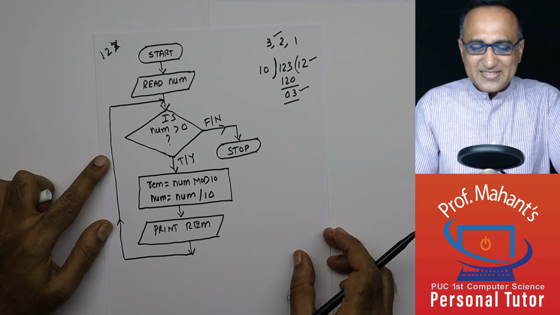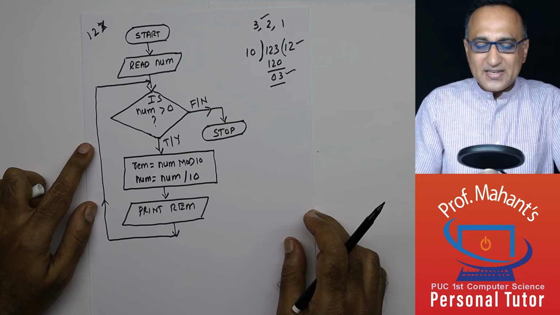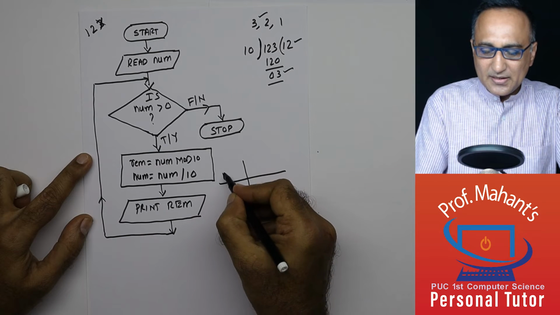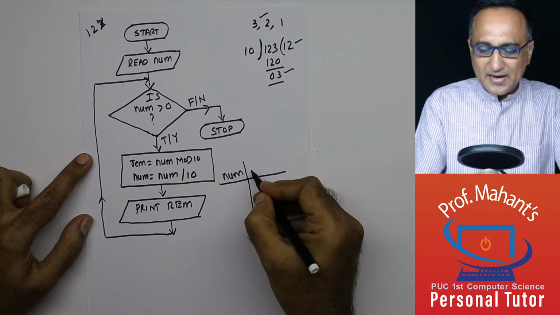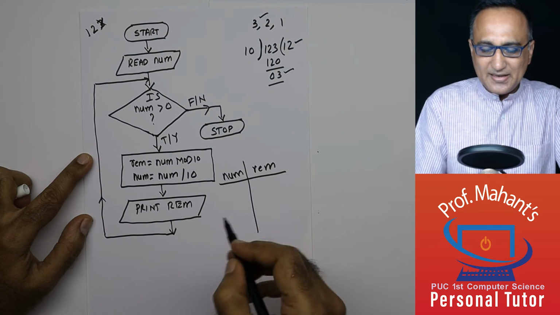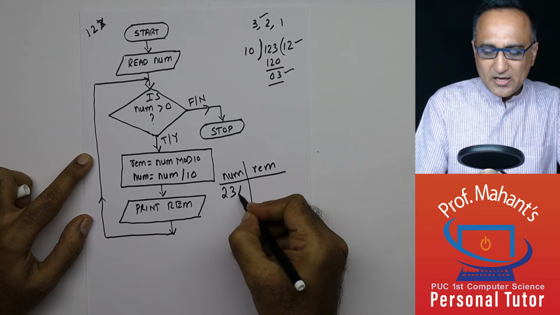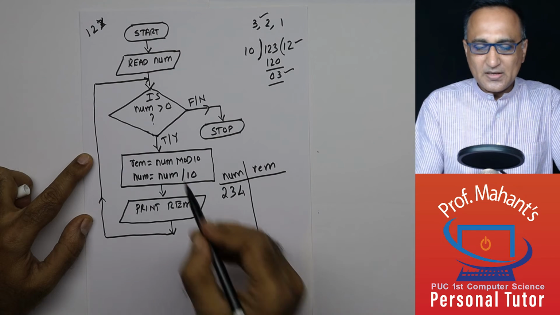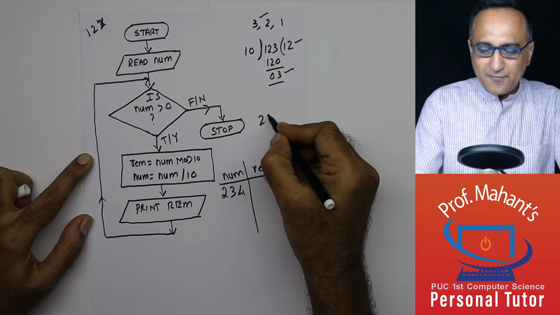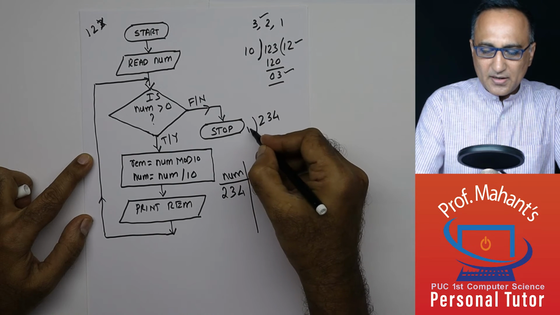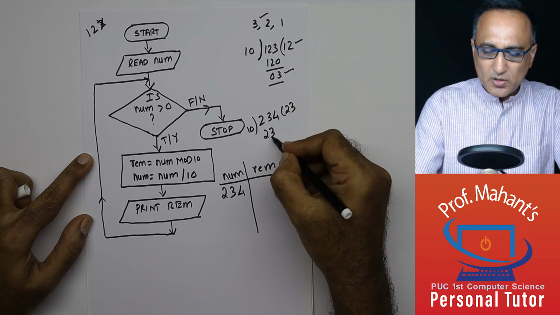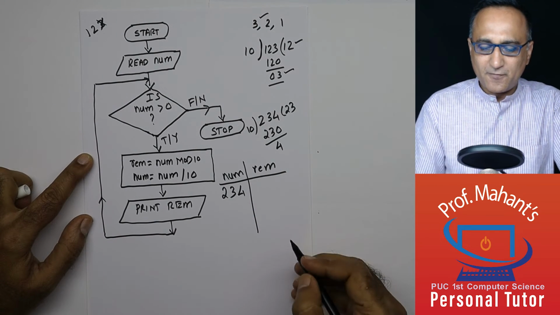Now let us see if this works and how it works by taking help of a test table. This is my number and this is my remainder. I am reading a number. Let's say I read the number 234. 234 greater than 0 is true. 234 divided by 10 is 23 with 230, and the remainder is 4.